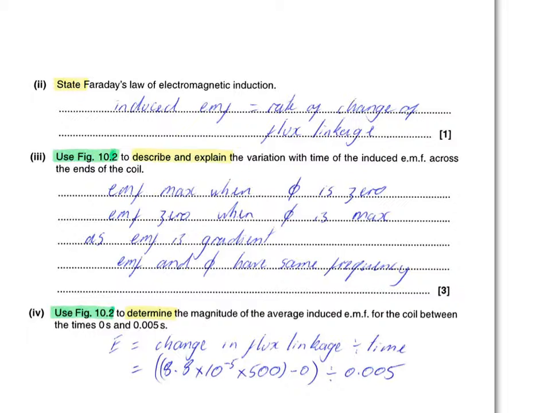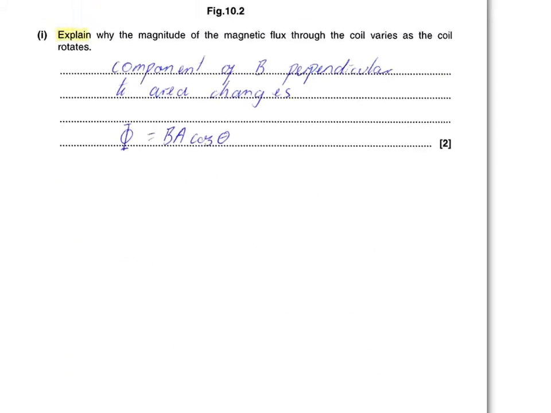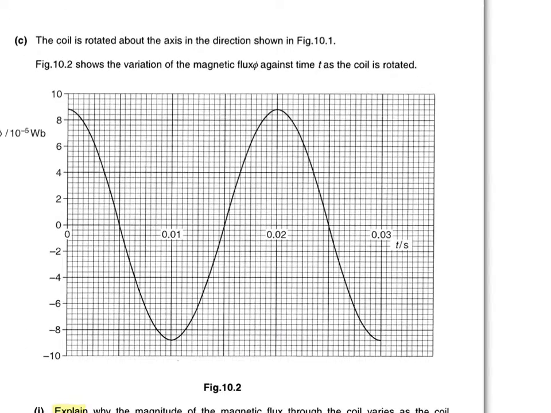The describe part, the EMF is going to be maximum when the flux is at 0, and the EMF is going to be 0 when the flux is at a maximum. Let's go back to the diagram and have a look at that. So the induced EMF is going to be proportional to the gradient. So the gradient at these points, at these maxima, is 0.